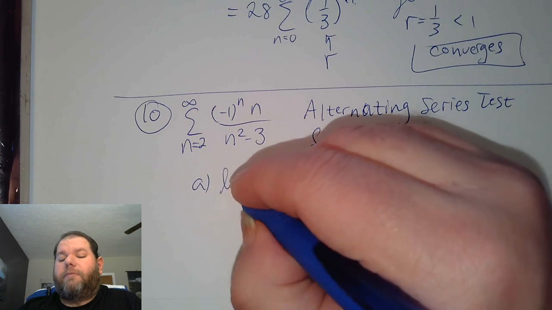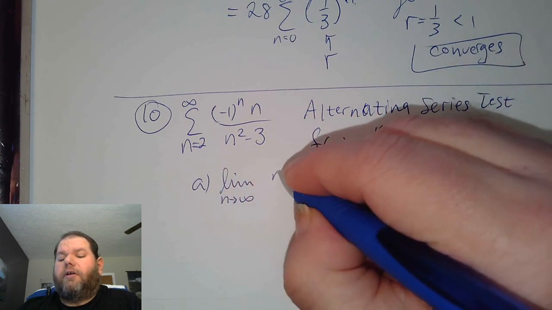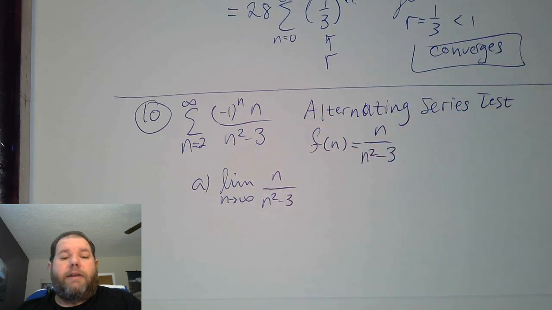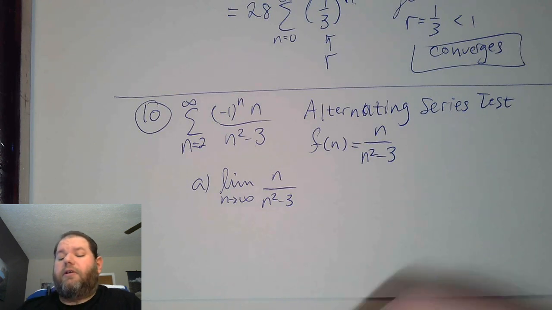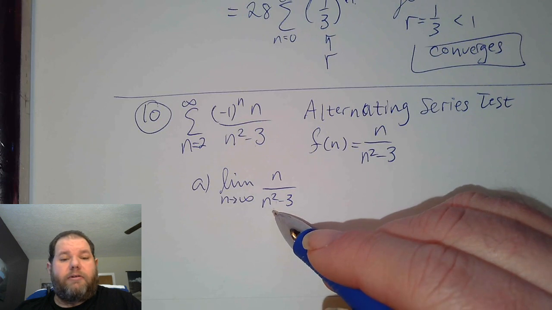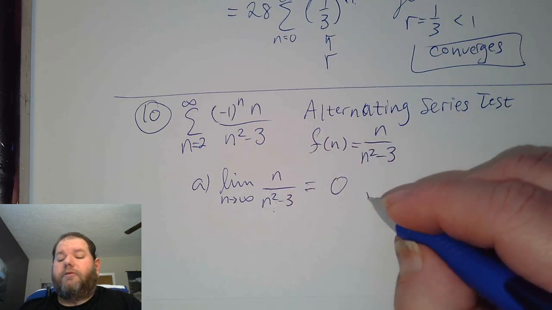First, we want the limit as n goes to infinity of n over n squared minus 3. The limit has to be 0 in order for this to be a convergent series by the alternating series test. Well, we see that we have a higher exponent on the denominator than we do the numerator, so it does equal 0. So it checks.